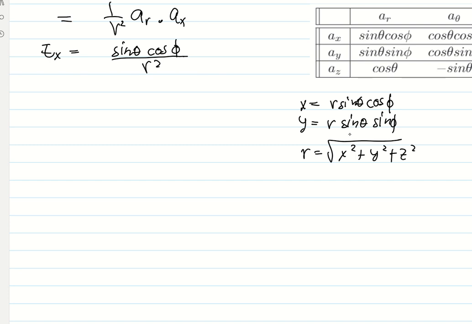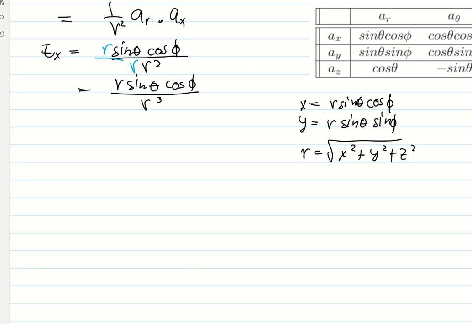Then we can substitute this here. I can multiply r at this part, and I will also multiply r at the bottom, so this will become r cubed. So this will be r sine theta cosine phi over r raised to 3. Why did I do that?